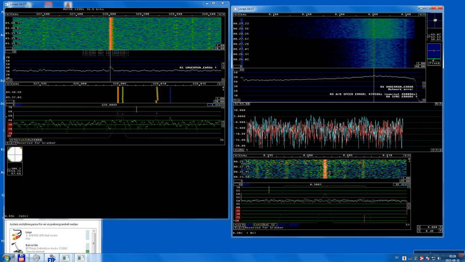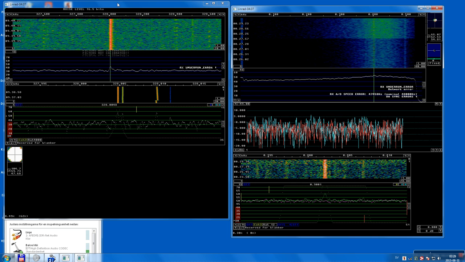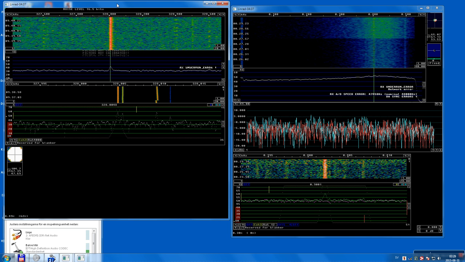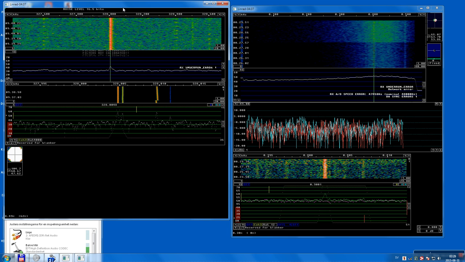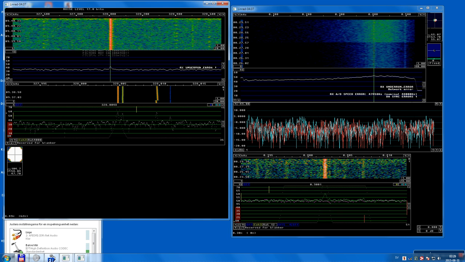But if I go to the level which was the limit for NDBfinder, so I go here and press F7. I didn't mention before, but at 18 dB, NDBfinder fails completely.